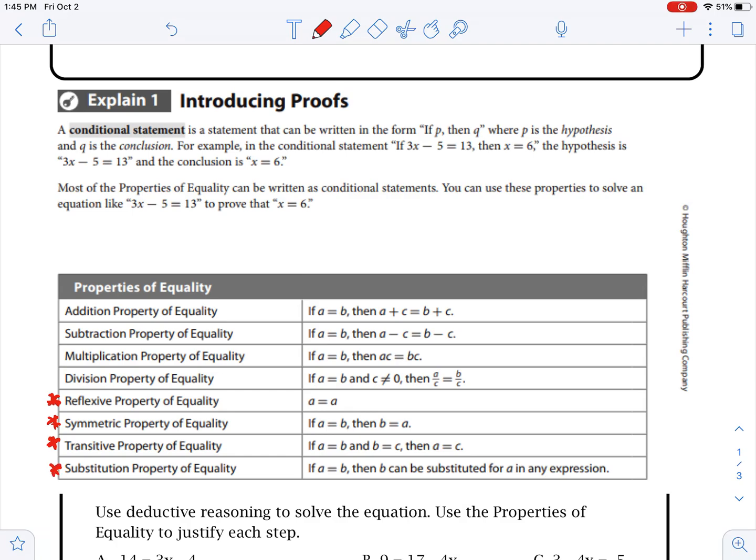Now, the reflexive property: let's say I have an angle that looks like this, and then another ray that comes in here.